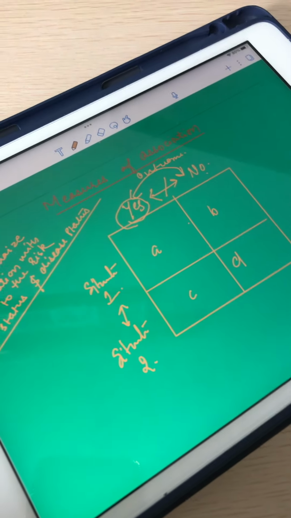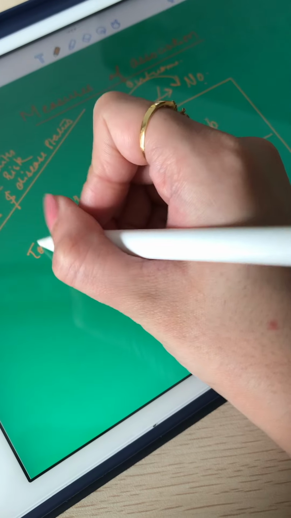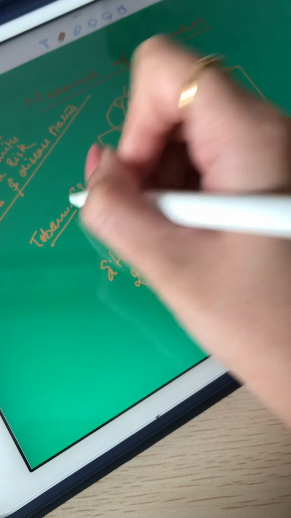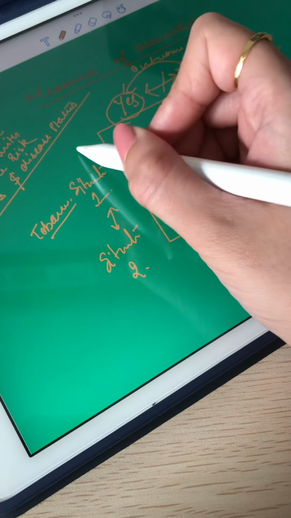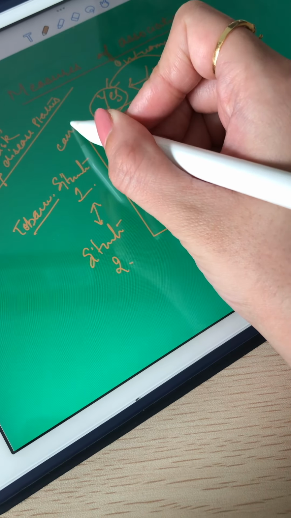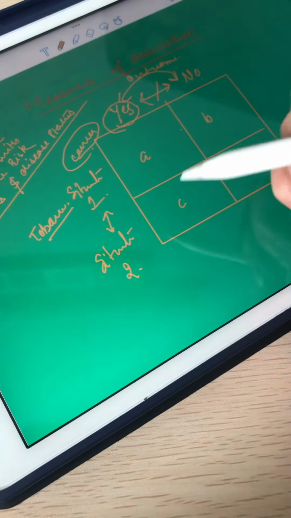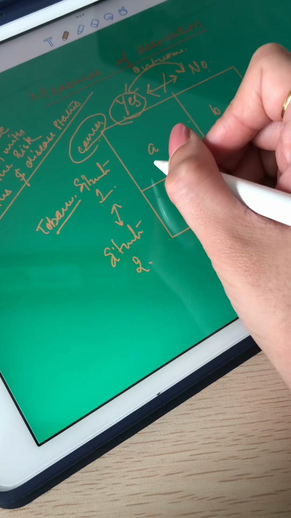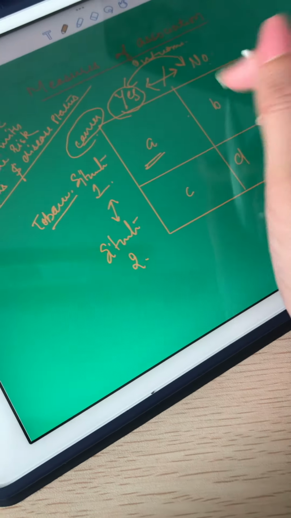So if we are taking a situation 1, for example, tobacco. Tobacco eating can cause cancer. The probability of this is A. Tobacco eating cannot cause cancer.